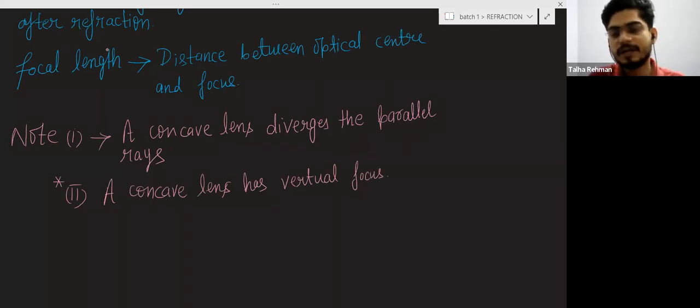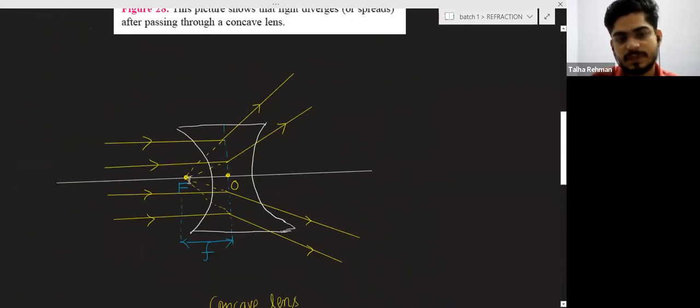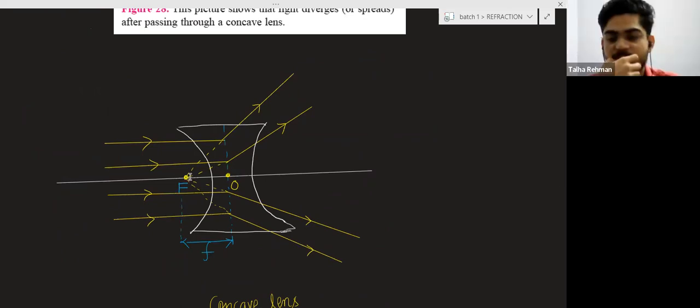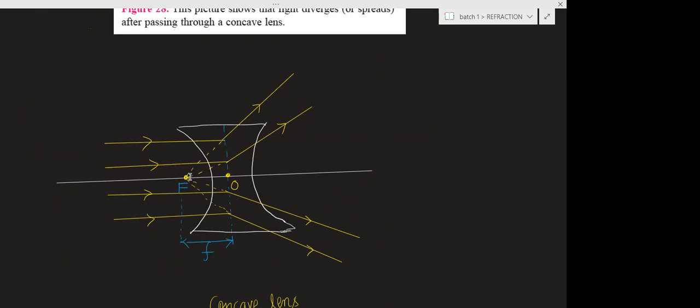Why does it not have a real focus? See this focus. Why is this a virtual focus? Anyone? Because it doesn't meet. Yeah, right. Martin, what would you say? It's not meeting at F.